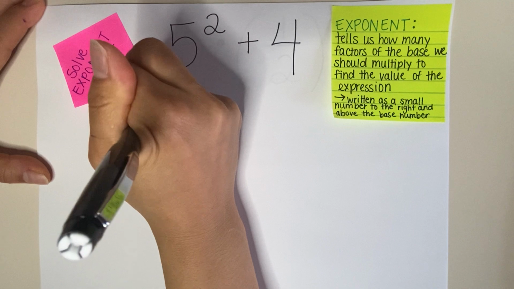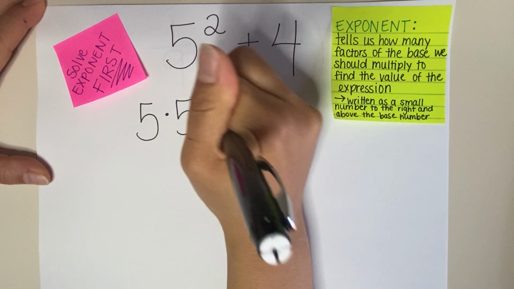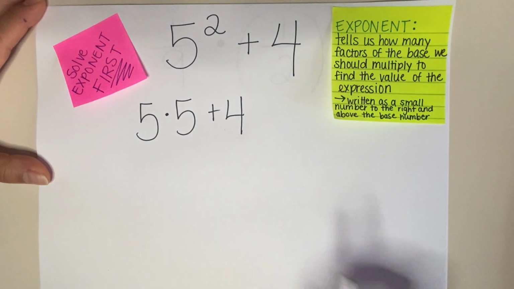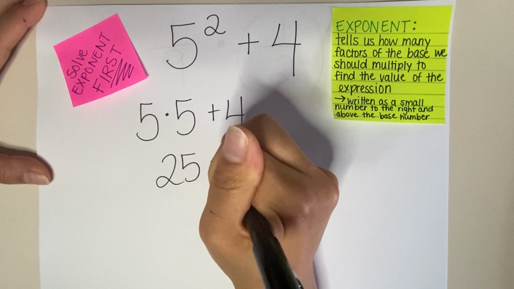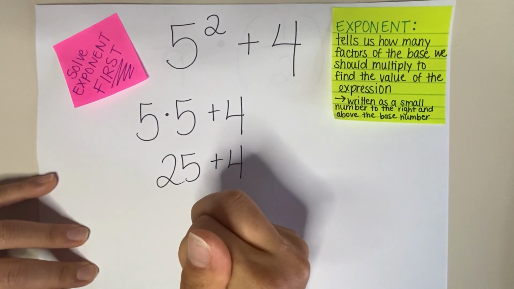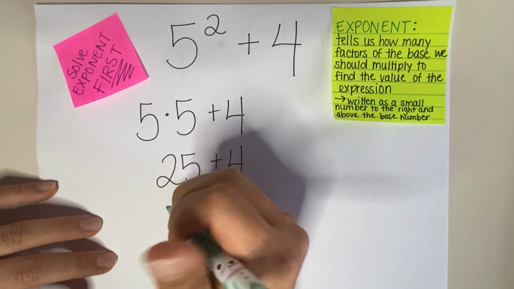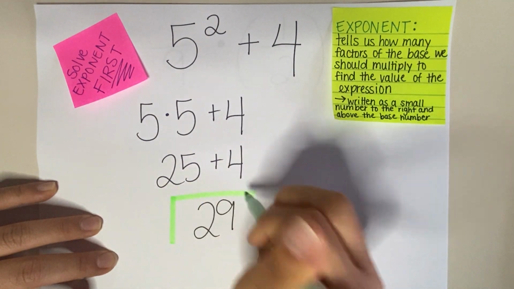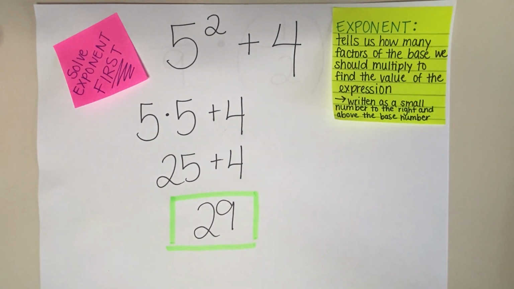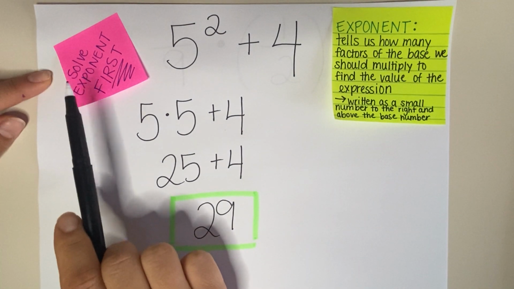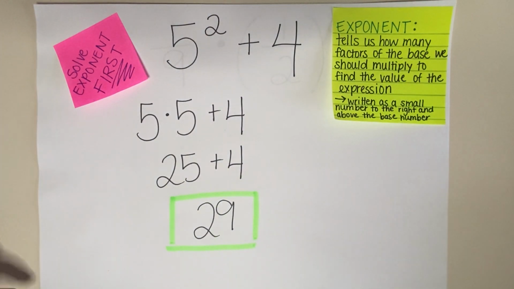So we have here 5 times 5 plus 4. 5 times 5, 25 plus 4. We get 29. So again, here we solve the exponent first when evaluating this expression.